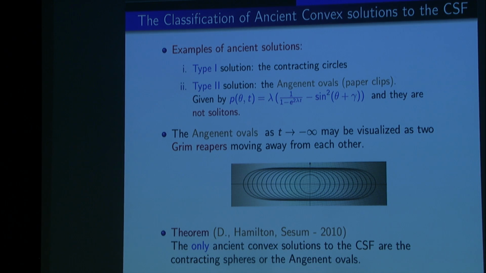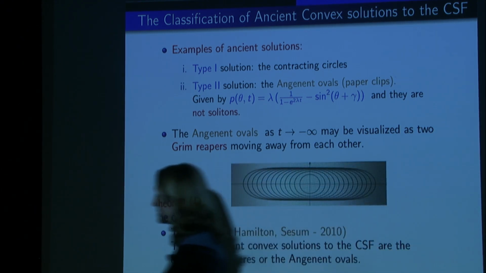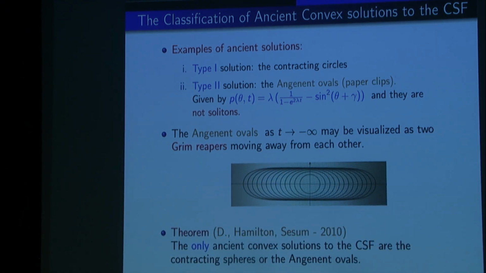Okay? All right. So I have 15 minutes to tell you about the proof. And the proof really relies on studying these 2 pi ancient periodic solutions of this PDE.